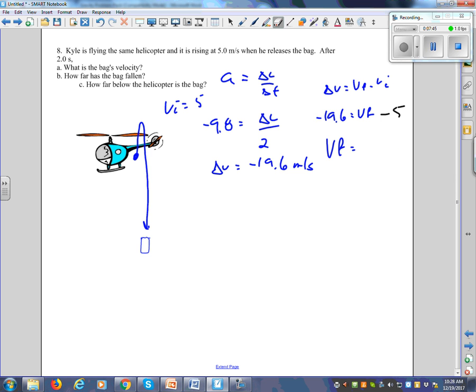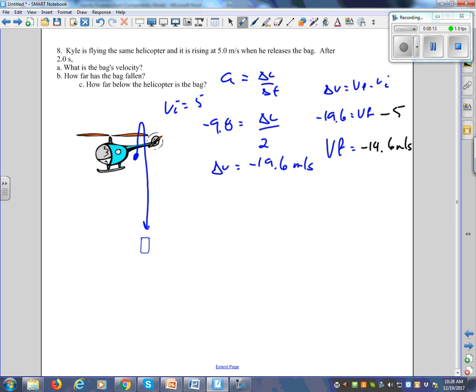It's going to be minus 14.6 meters per second, isn't it? It's going to be going slower than before. How come? Because it started off going up. So some of that 2 seconds is actually going up and then slowing down and then coming back down, right? It's actually only going to fall for maybe 1.5 seconds.